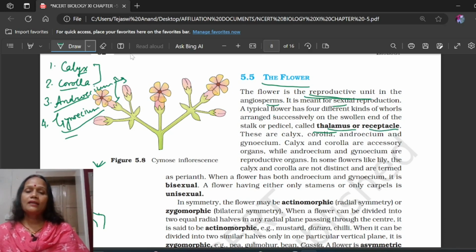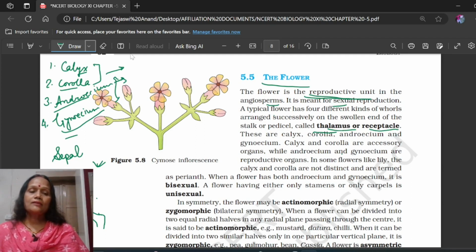You can understand that calyx and corolla are accessory whorls, while androecium and gynoecium are called reproductive whorls. One unit of the calyx is known as a sepal, one unit of the corolla is known as a petal, one unit of the androecium is known as a stamen, and one unit of the gynoecium is known as a carpel.